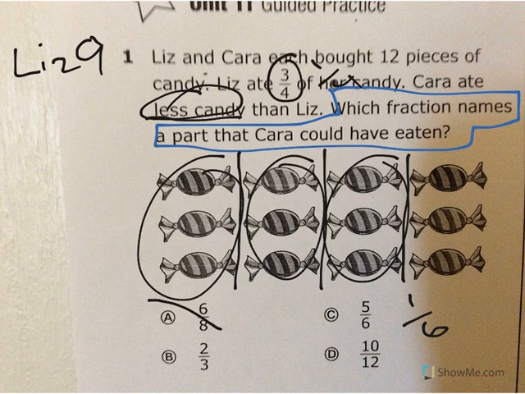Or if I was to put these into 6 equal groups, and 5 of them would tell us how many pieces of candy that is, it's going to end up being 10 pieces. So that's more than what Liz ate. And I'll go ahead and model that for you real quick. It won't take that long. Let's go ahead.